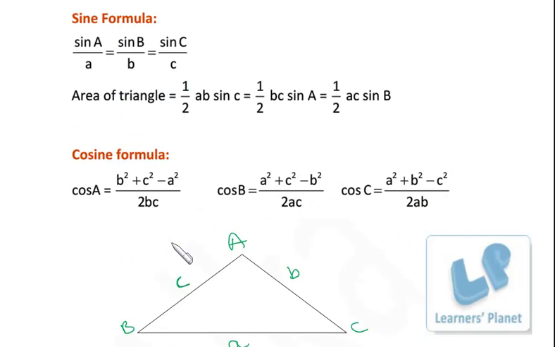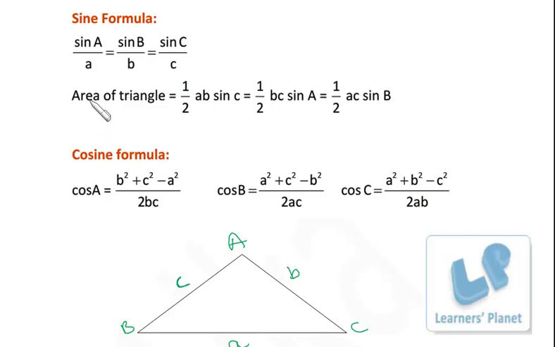Sine formula is sine A by A is equal to sine B by B is equal to sine C by C, where A, B, C are these sides as I have explained earlier. A is the length of the side opposite to angle A, B is the length of side opposite to angle B, and C is the length of the side opposite to angle C. So sine A by A is equal to sine B by B is equal to sine C by C, a very important relationship.